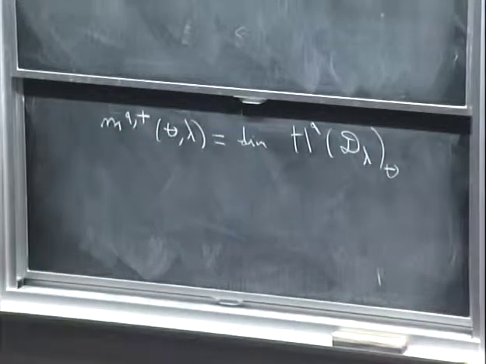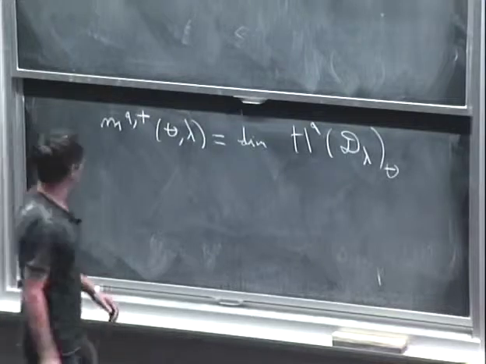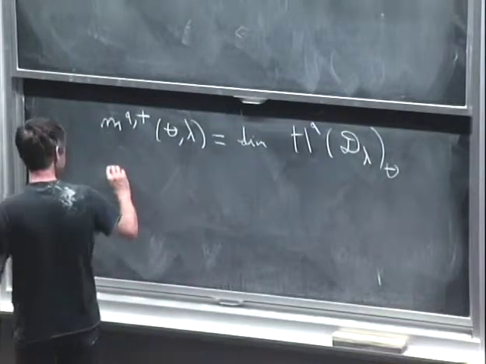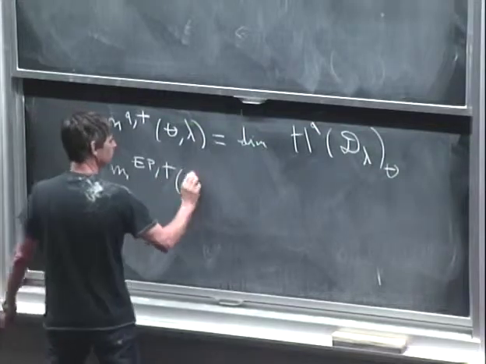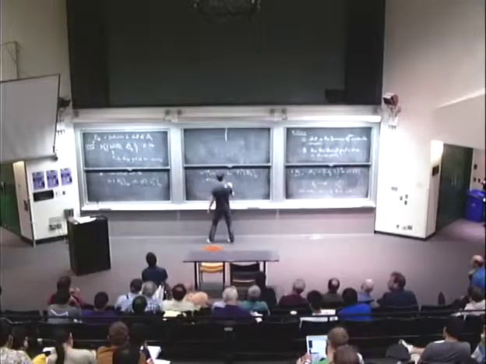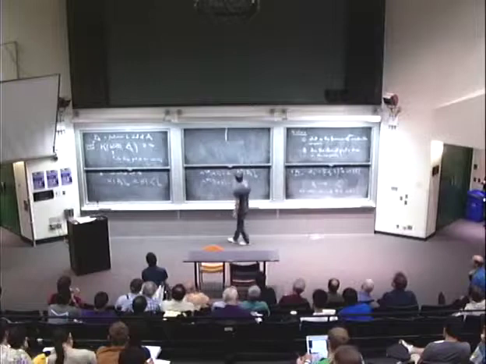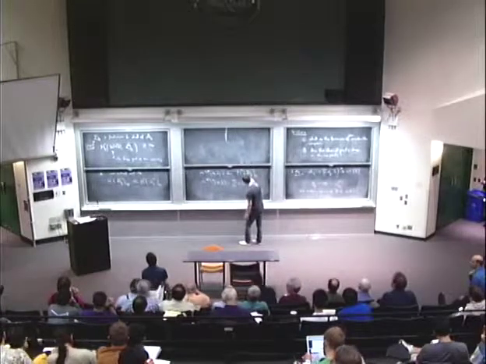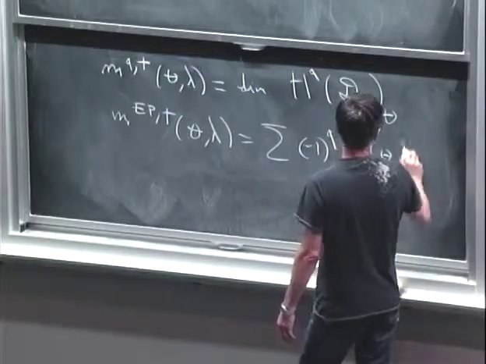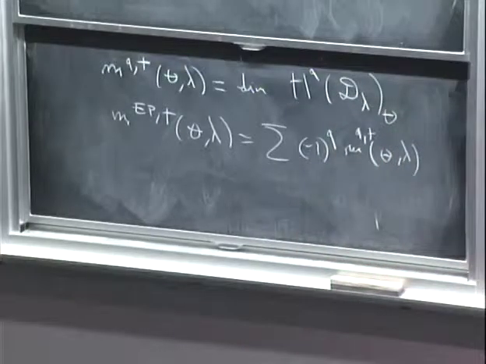So the multiplicity of this theta here. And then I'm going to call M Euler-Poincaré dagger theta lambda the alternating sum.